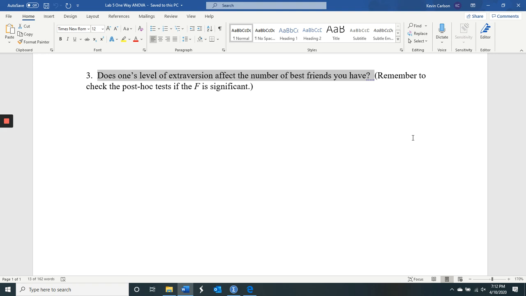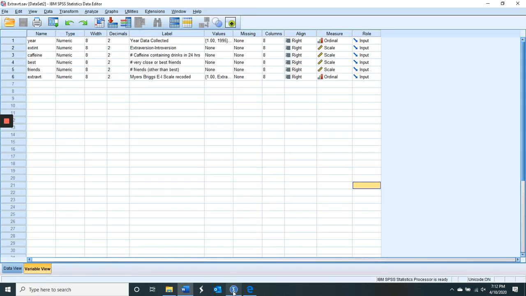And he categorized people as extroverts or introverts or in between. So there's three groups again: extrovert, introvert, and people who are in the middle, in between those two extremes. And so that's your group variable. That's your predictor variable here. That's categorical. And then the DV is the number of best friends that you have. So this is how I ran the data.